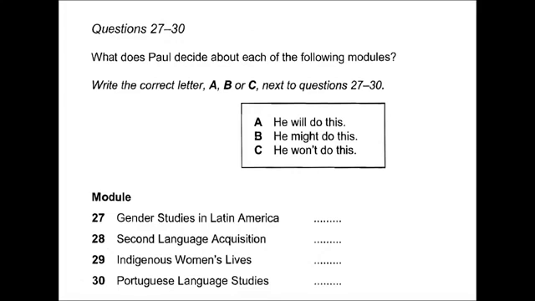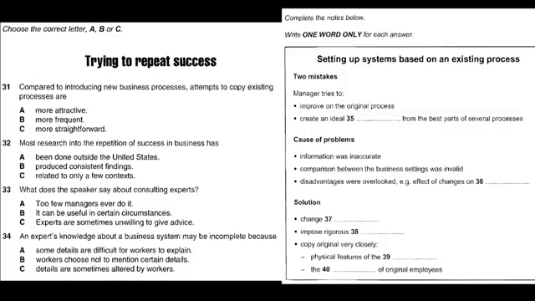Now turn to section 4. Section 4. You will hear a lecture about success in business systems. First, you have some time to look at questions 31 to 40.